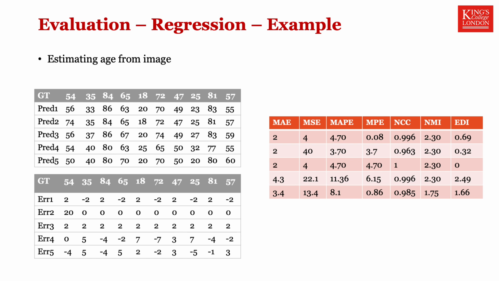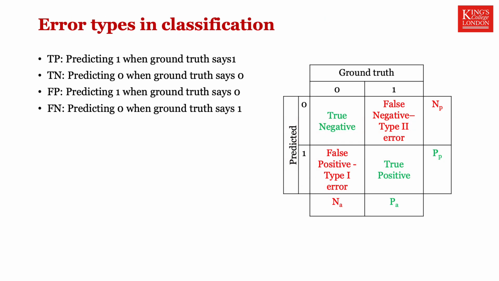So now, let's look at different types of error in classification. You may have seen this one a while ago, but here we have different types of errors according to the ground truth that we have.